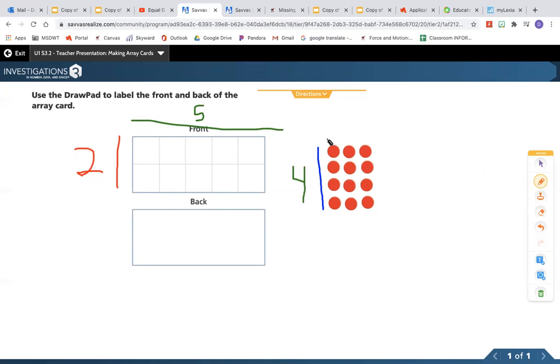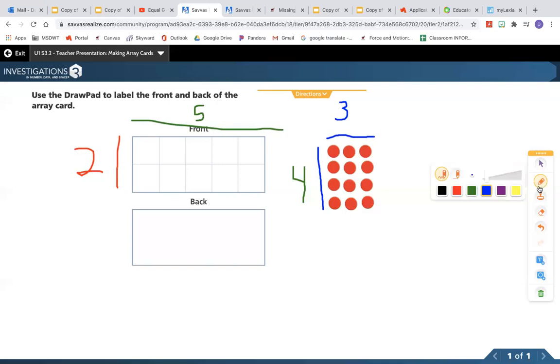All right. How many columns do we have? Remember, columns go up and down. Send me one chat. All right, awesome. 3.